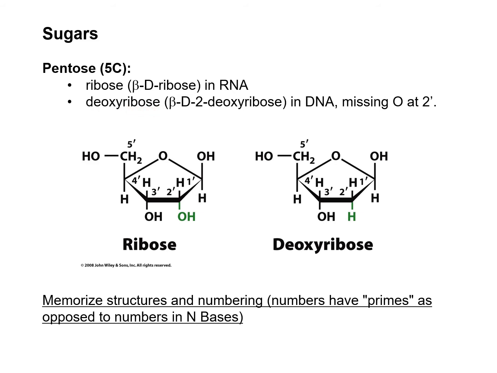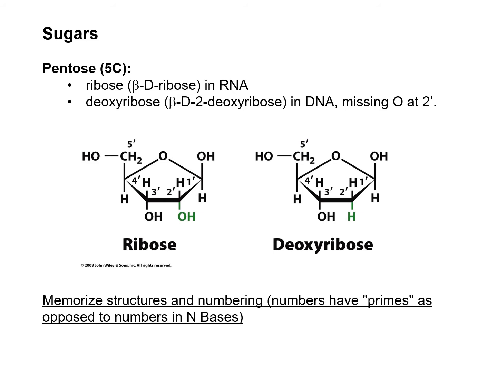The only difference is that deoxyribose has the oxygen atom missing at this particular position, where ribose has the hydroxyl group. And the numbering convention here is that the ribose or deoxyribose carbons are numbered with primes: 1 prime, 2 prime, 3 prime, 4 prime, and 5 prime.